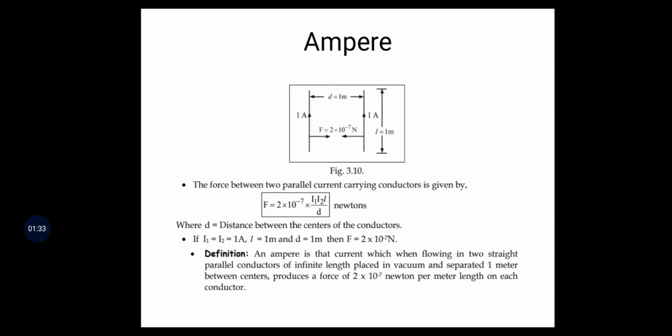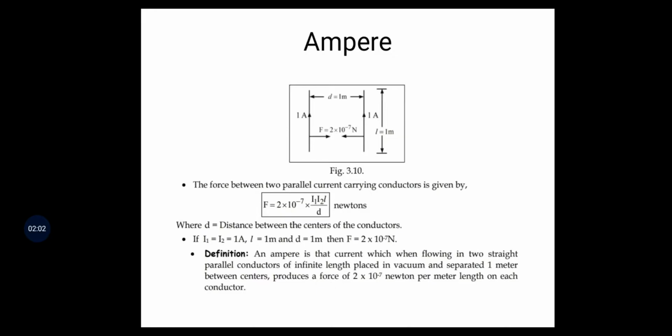Here the distance between two conductors is 1 meter and the length of the conductors is also 1 meter. Then the force between two conductors is 2 into 10 power minus 7 newtons. Then there exists 1 ampere current.